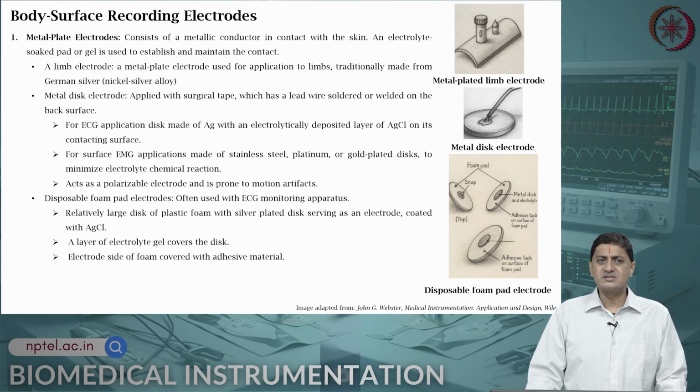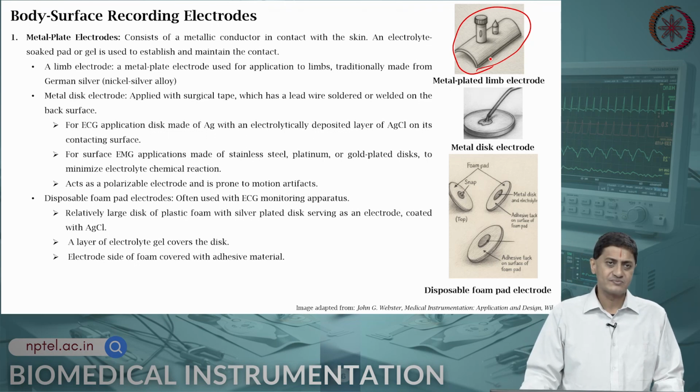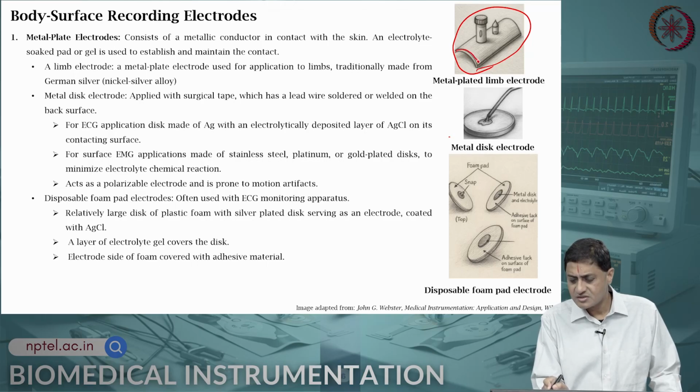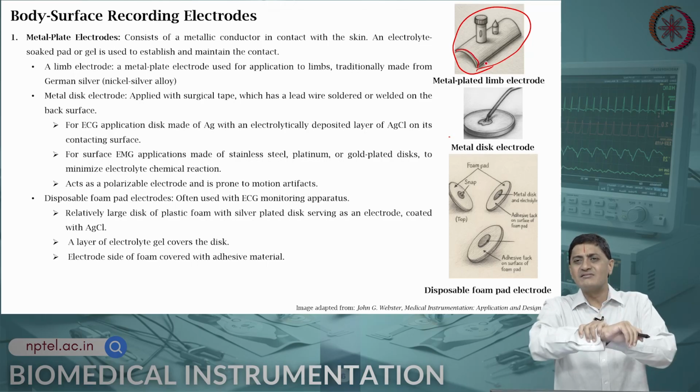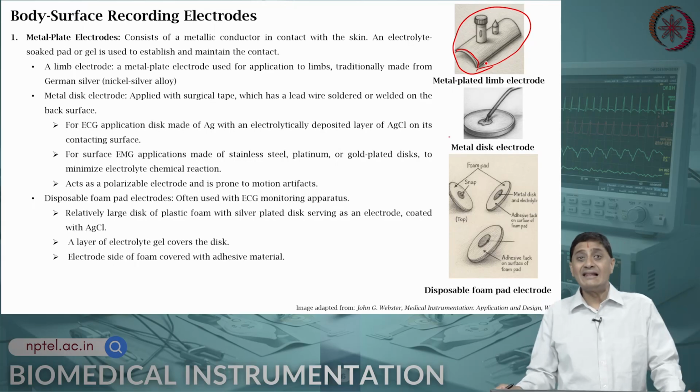Frequently what is used in ECG, for example, is the metal plated limb electrode. This is the metal plated electrode used for limb. Note its curvature, suitable to be placed on, for example, the arm or the leg.